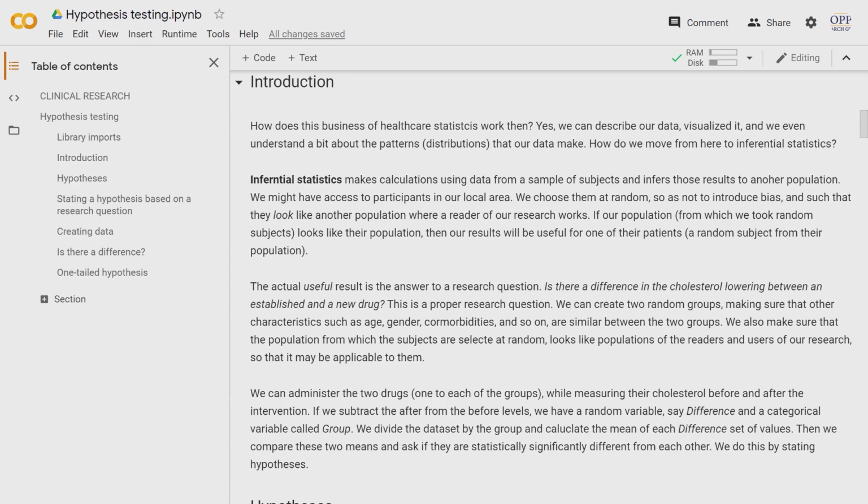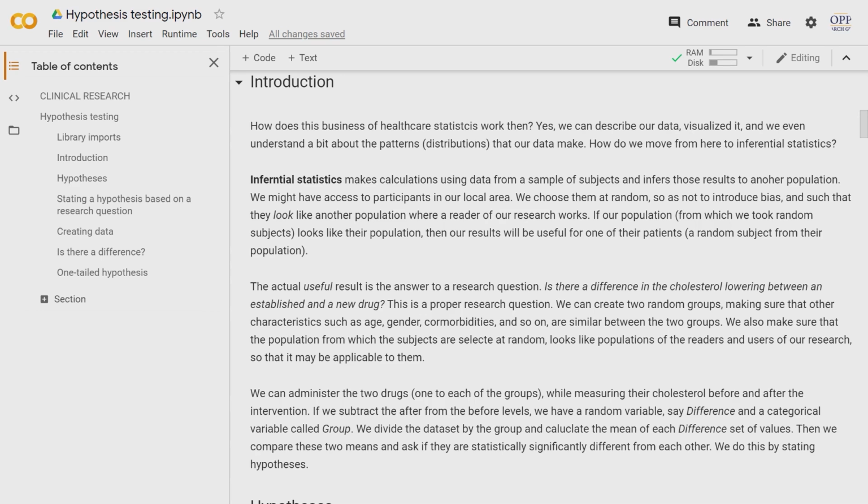So imagine then that we're just looking at two sets of participants. They take a placebo drug or a new drug and an established drug. So we've got them in these two groups. And we looked at their cholesterol before they started taking these, and we looked at their cholesterol afterwards, and we look at the difference. So we are hoping that this new drug will lower their cholesterol more than the old drug.